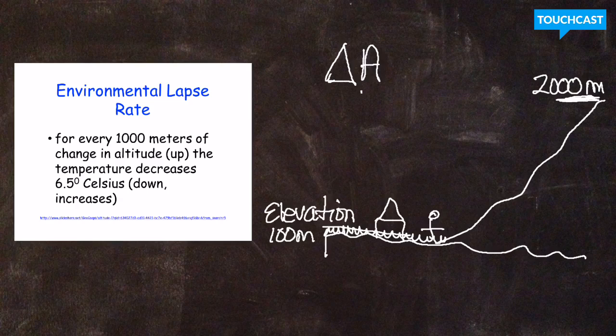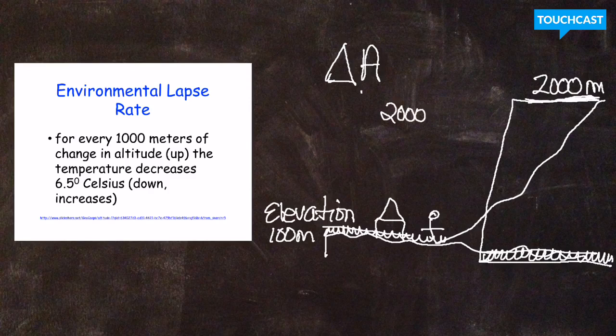So my altitude of my hike is not 2,000 meters. It's 2,000 meters minus that 100.